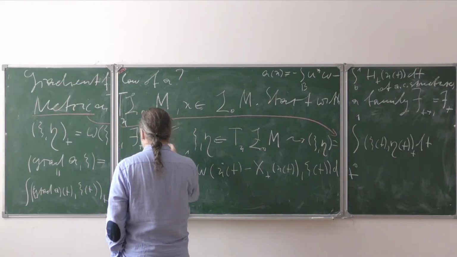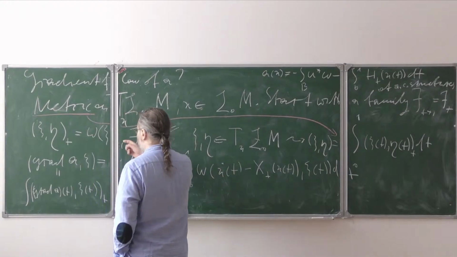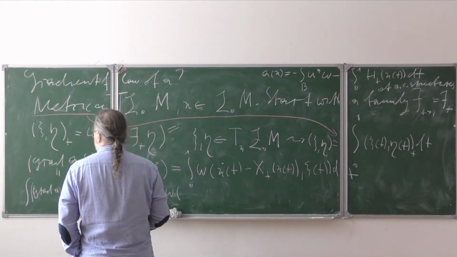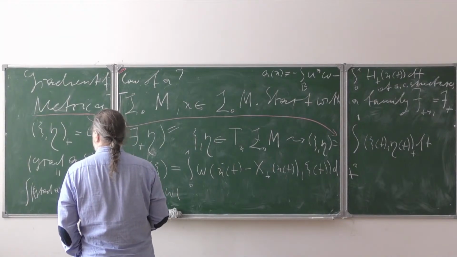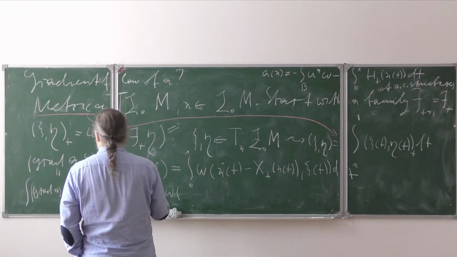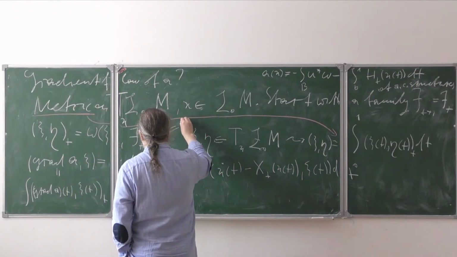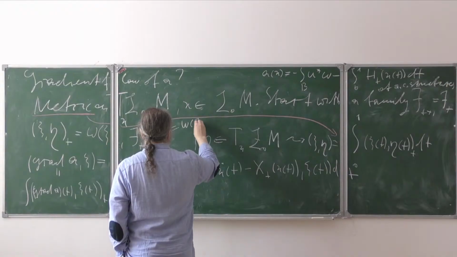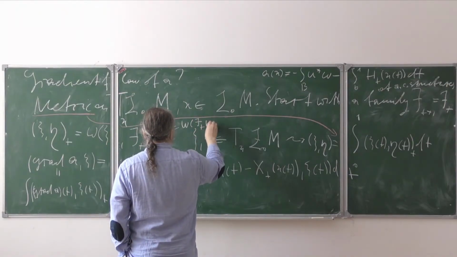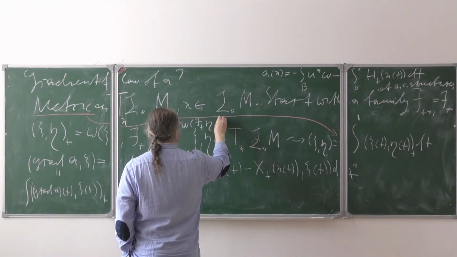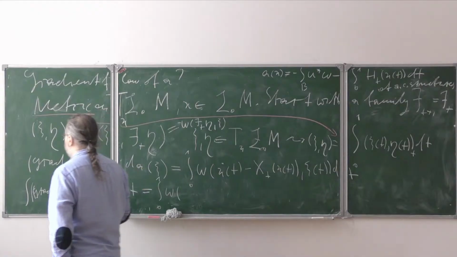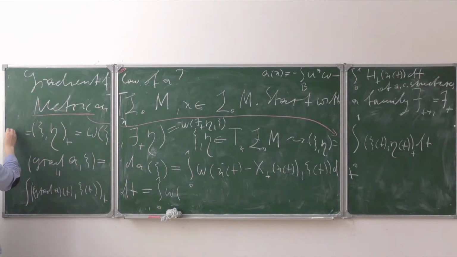So my claim is that this omega is, by anti-symmetry, the same as omega J_t minus eta psi. And this by symmetry is the same as eta psi.